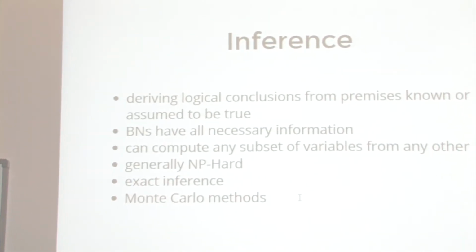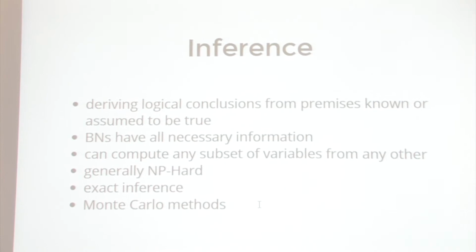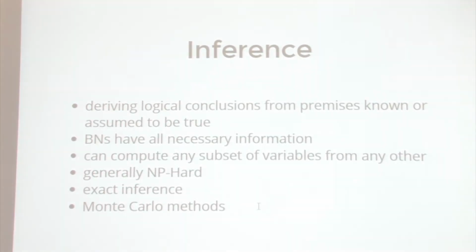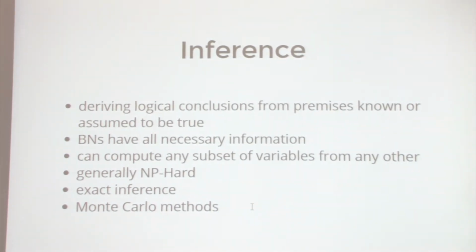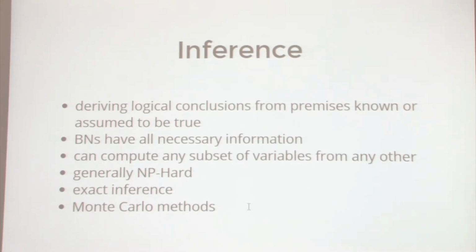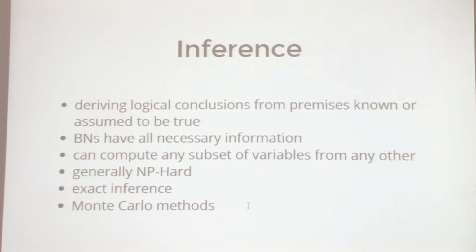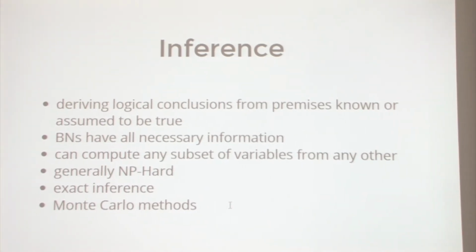But the inference itself is generally really hard. It grows exponentially in complexity with the number of variables that are unobserved. And even though Bayesian networks allow you to store the full joint probability distribution effectively, computing certain conditional probabilities is not that easy.